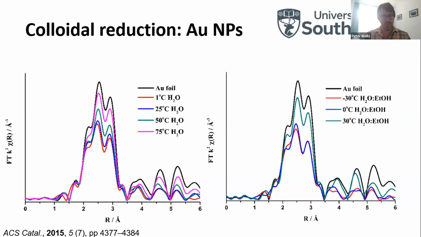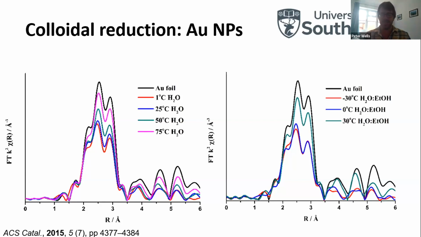And the way that's manifested in the data here, so here we have EXAFS data of gold and titanium particles prepared with PVA and a water solvent at temperatures of 1 to 75 degrees. In terms of the Fourier transform for the EXAFS data, the magnitude of those features you see between 2 to 3 angstroms are associated with gold-gold scattering distances.